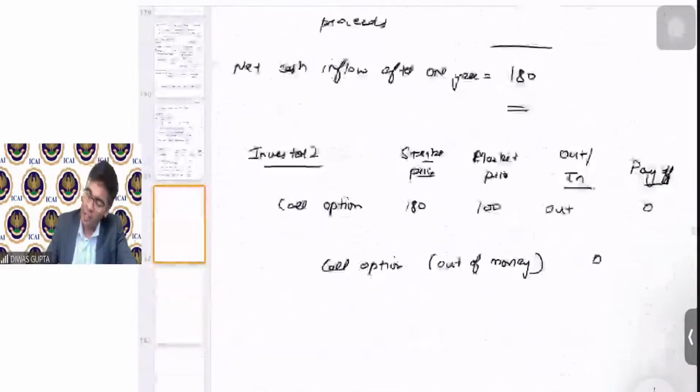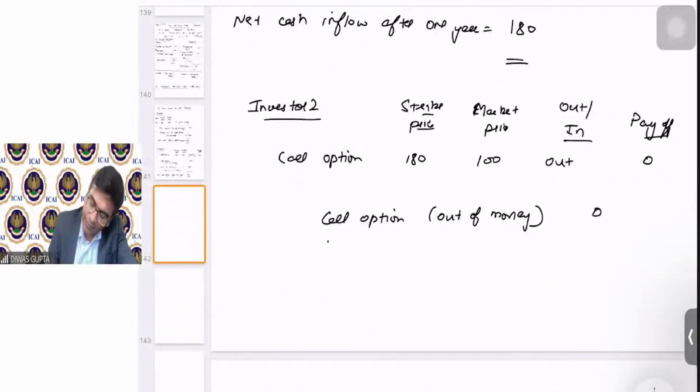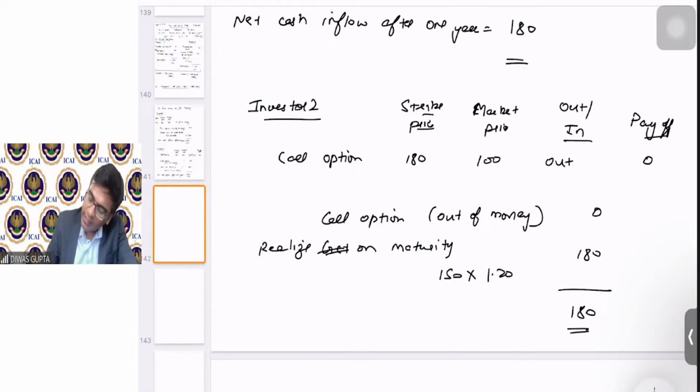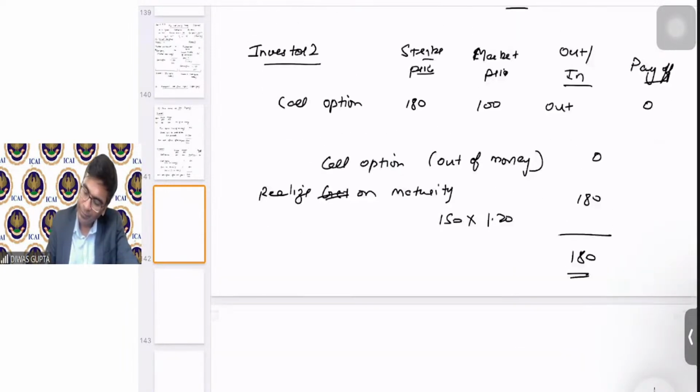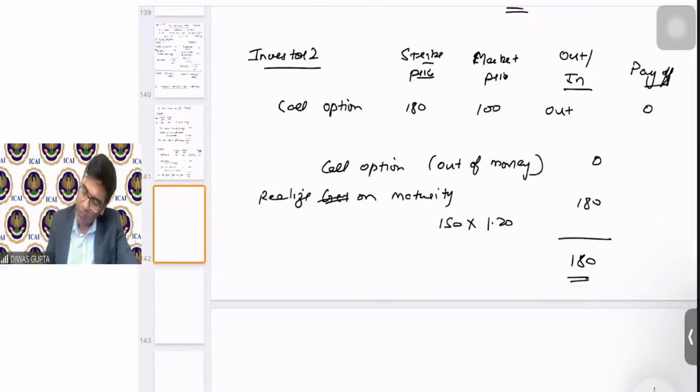So on maturity he will also realize 150 into 1.20, which is again 180. So the total is 180. Net cash inflow after 1 year for investor 2 will also be 180.